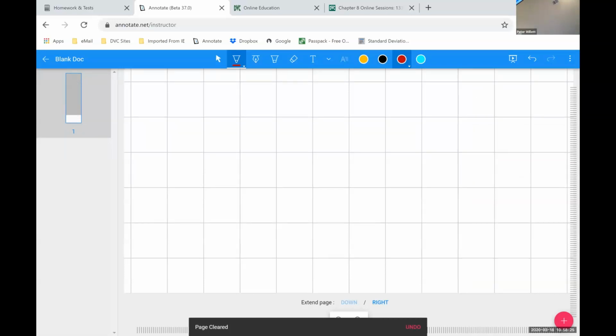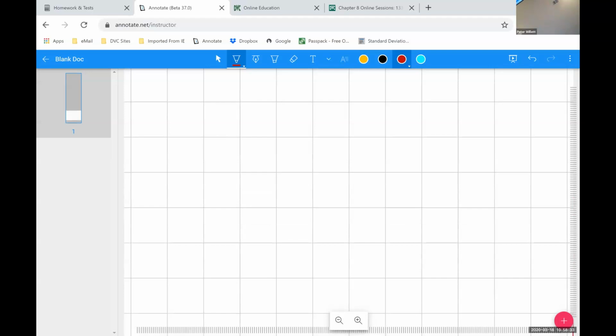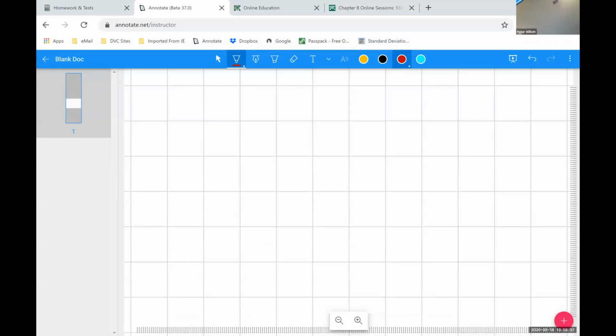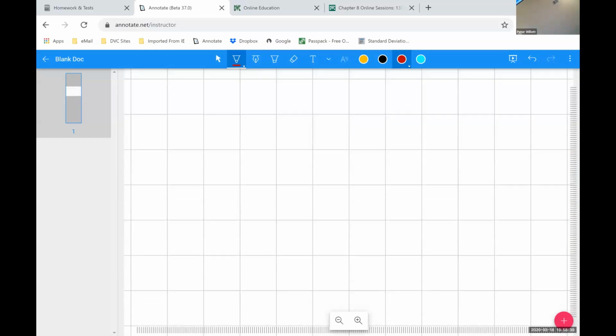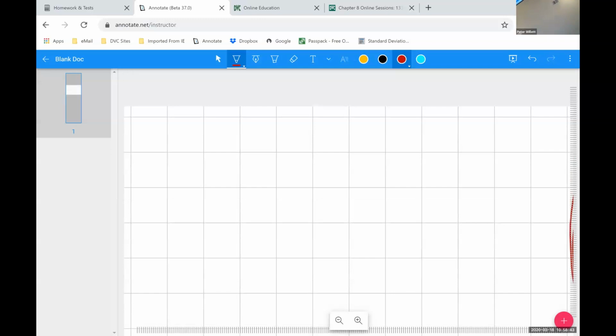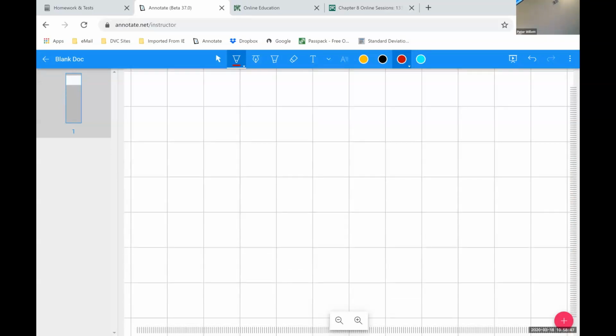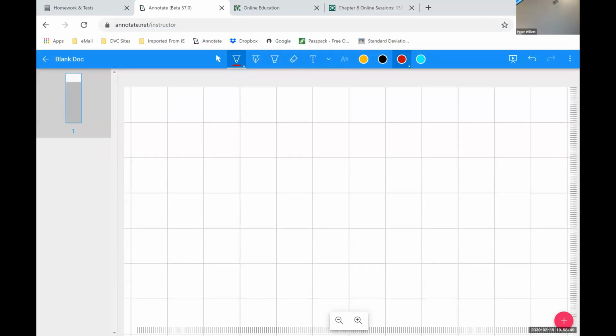So how quickly can I go to the top here? Okay, so on the next page.